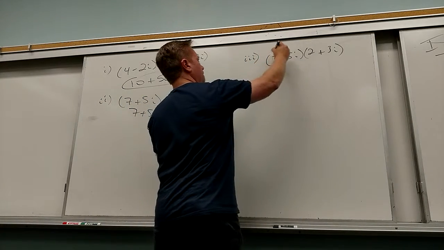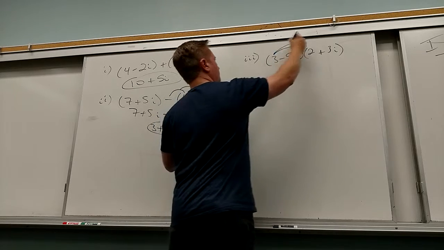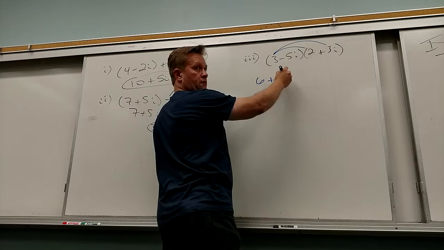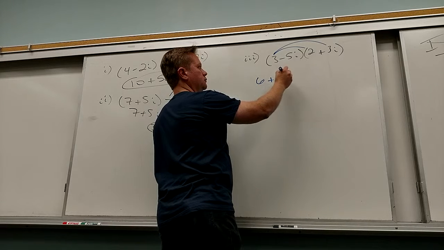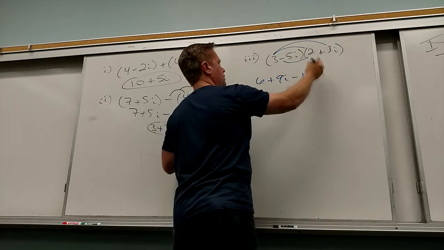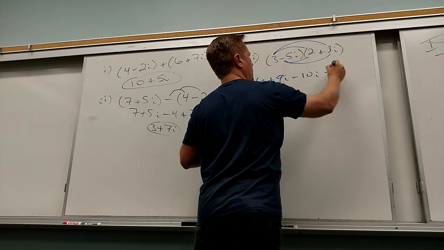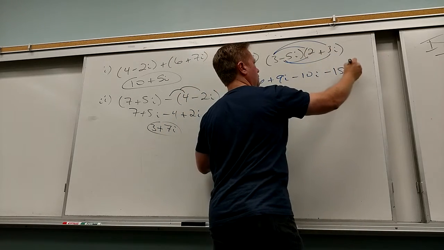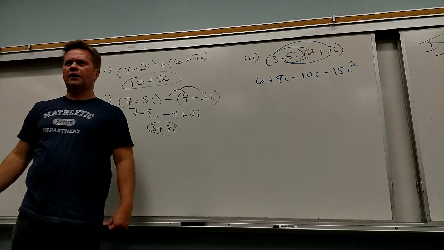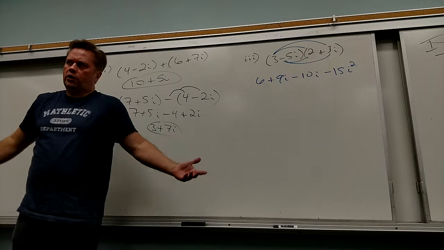What do I get? Plus what? Careful. 9i. Minus 10i. Minus, yeah, keep going. 15 i squared. Squared, yes. So one of the major problems is to get the square of that. i times i is i squared. We know that.